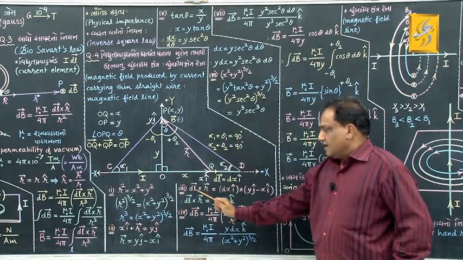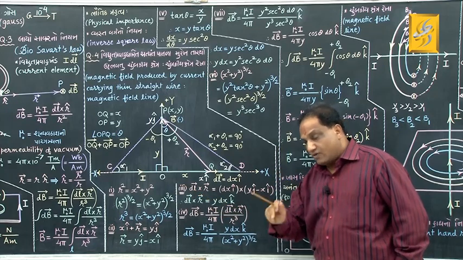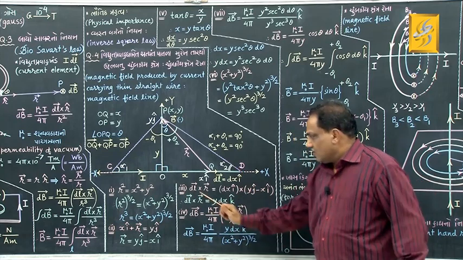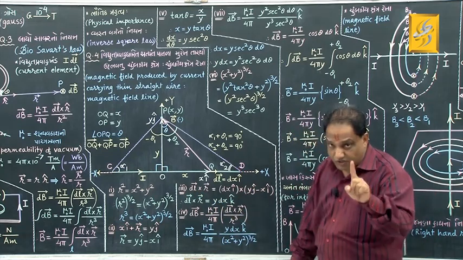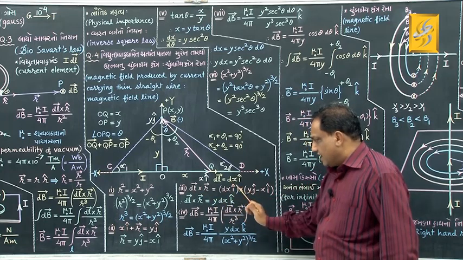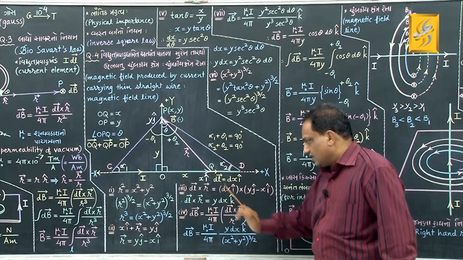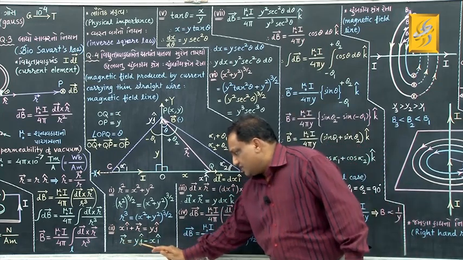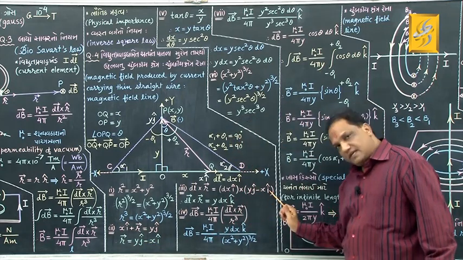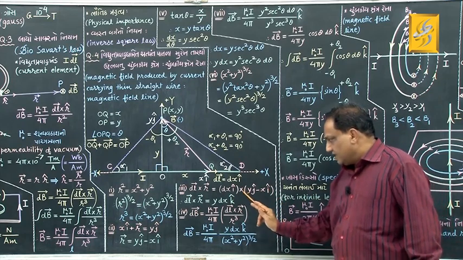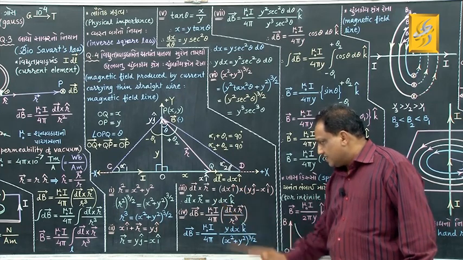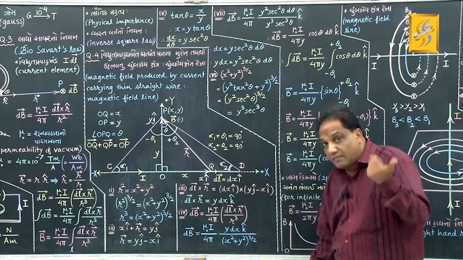And now, while applying Biot-Savart's law, I require the vector product dl cross r. So, let me find it out. Vector dl is nothing but dx i hat, cross vector r, which is y j hat minus x i hat. Taking the cross product, y dx, i hat cross j hat is nothing but k hat.